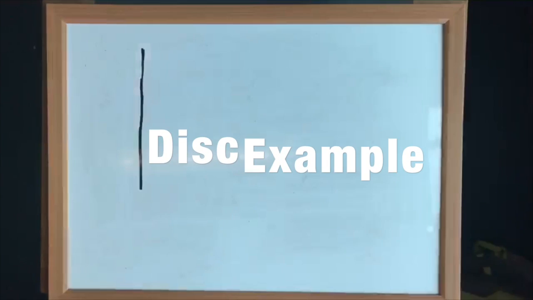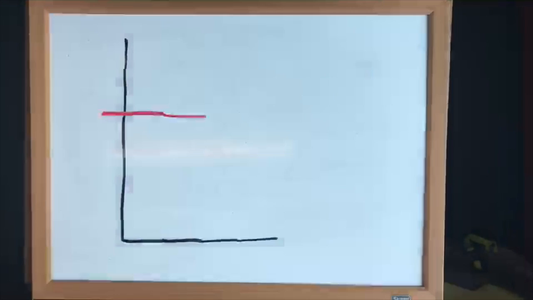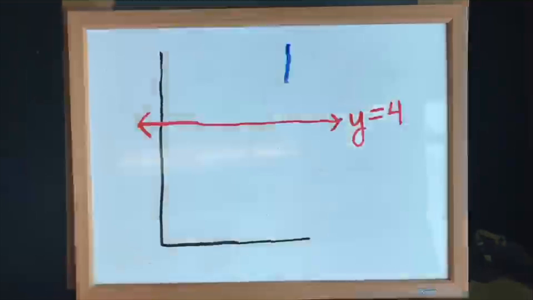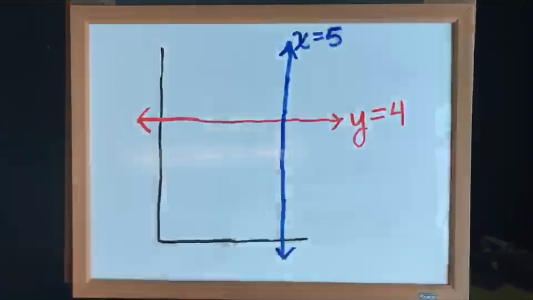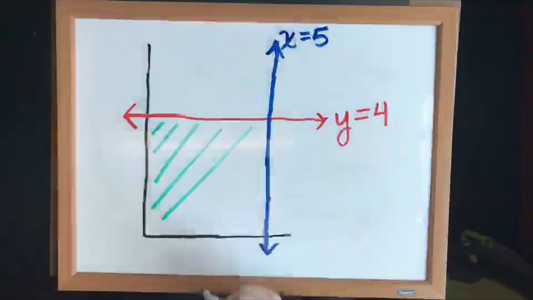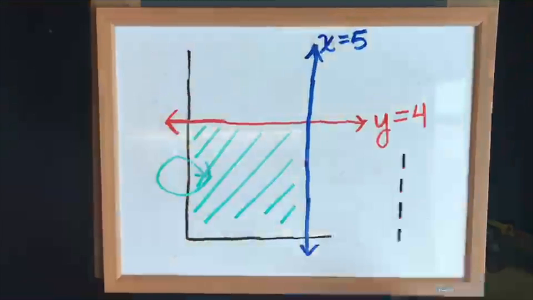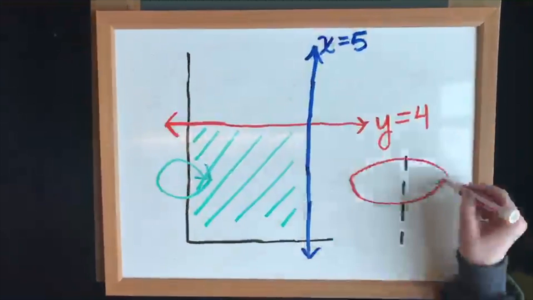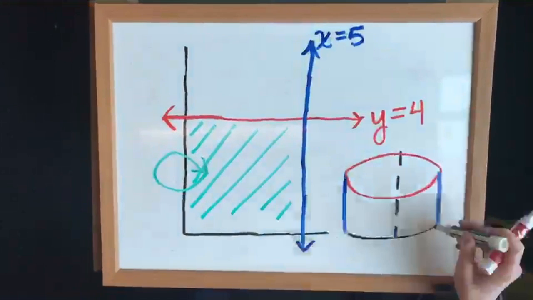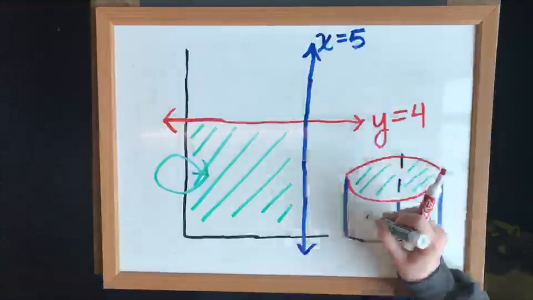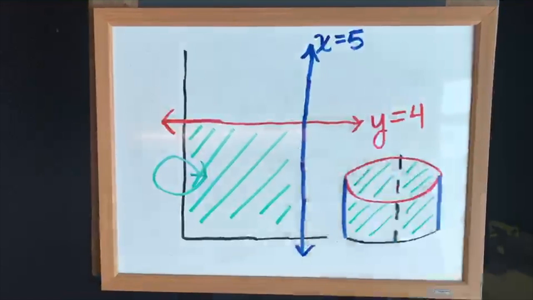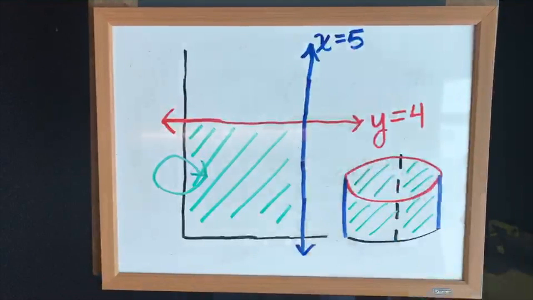For the disk method, we will be using a plane bounded by the x and y axes, as well as x equals 5 and y equals 4. This plane will then be revolved around the y-axis to form a solid of revolution. In order to find the volume, you must first consider the area. Since the face of our solid is a circle, our area function would be pi r squared.